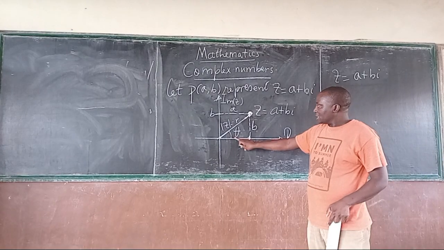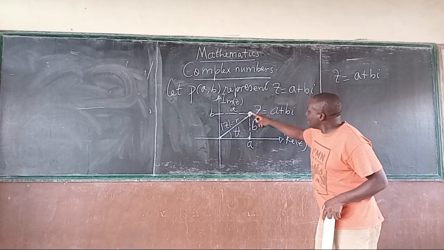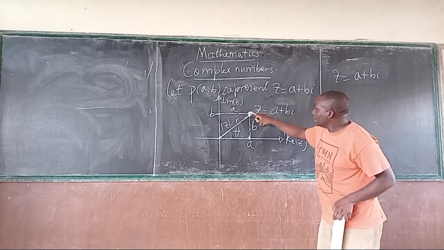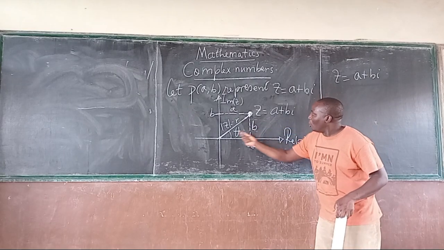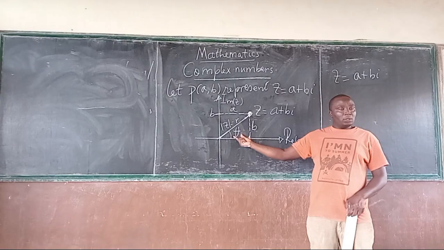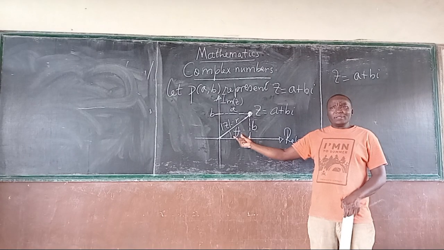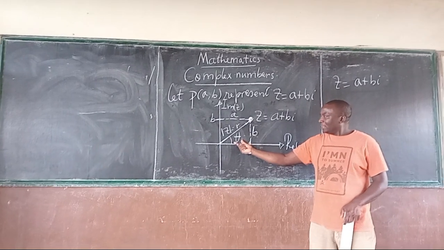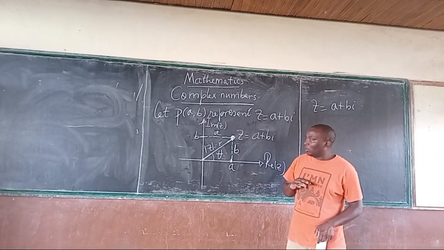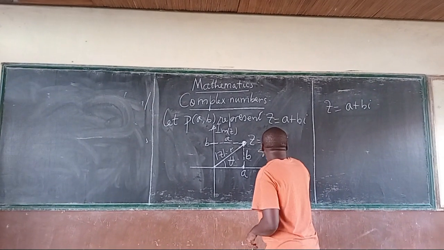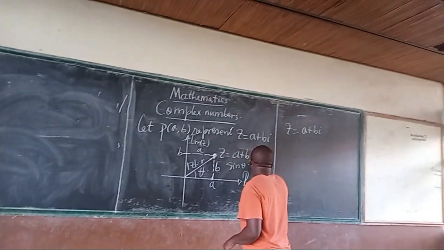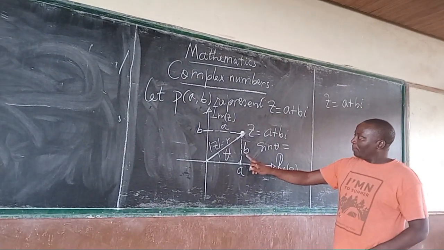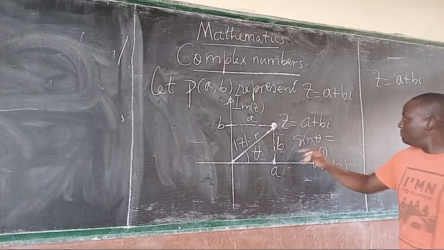As you see, this small part of line B is like the opposite side of an angle. It is known from the concept of trigonometry that sine of an angle theta must be the same as its opposite side over the hypotenuse. The opposite side of angle theta is B.